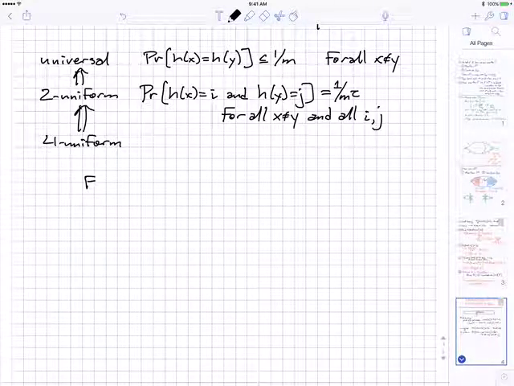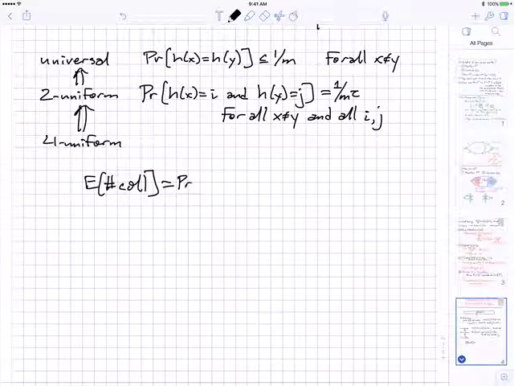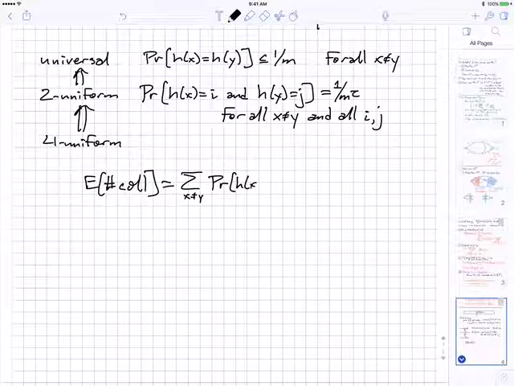But if I say, what's the expected number of collisions, then by linearity of expectation, independent of what the hash function family looks like, this is going to be the sum over all pairs x,y of the probability that h of x is equal to h of y.